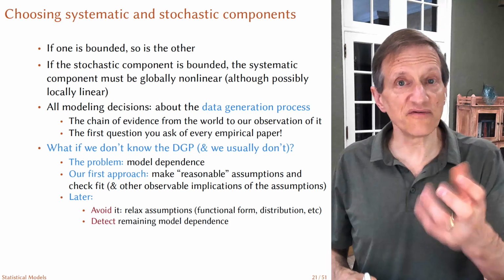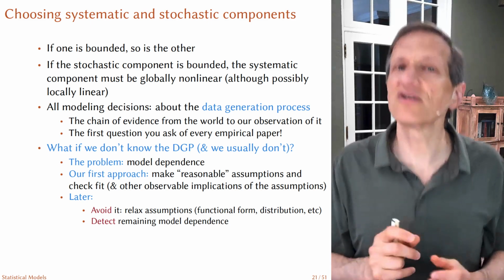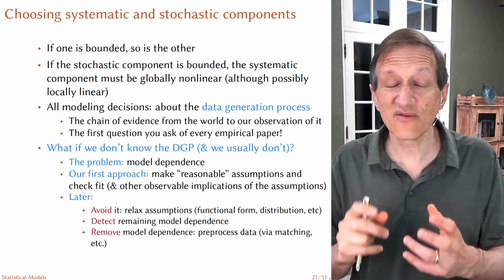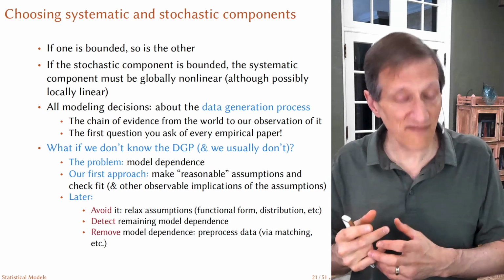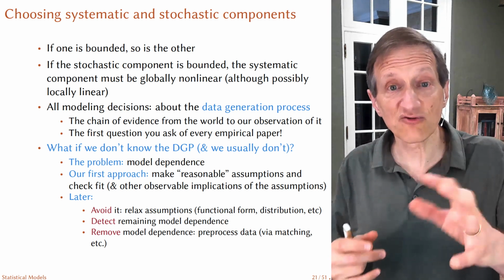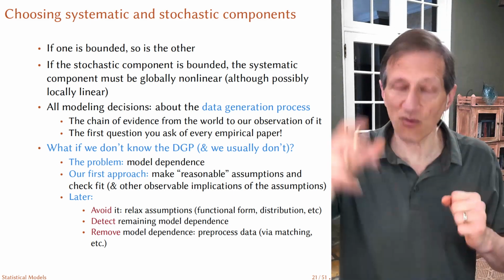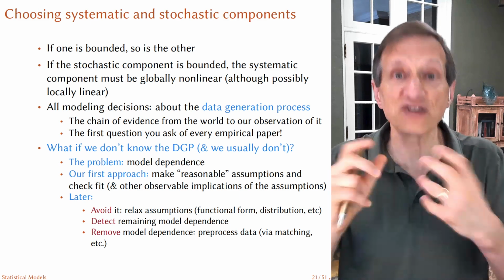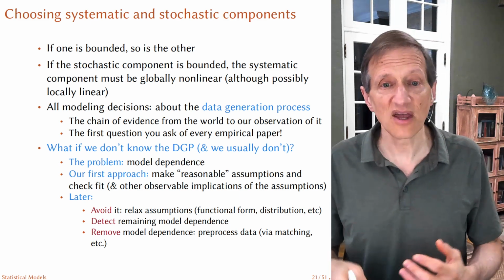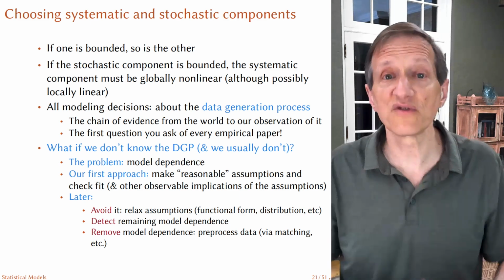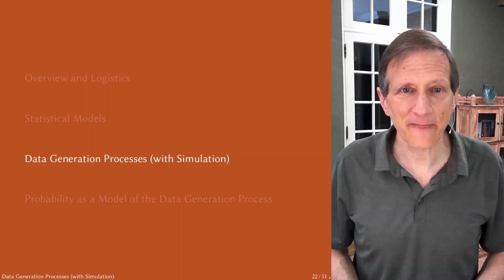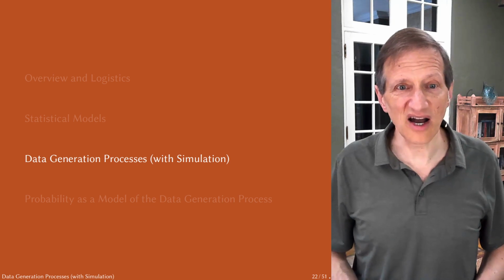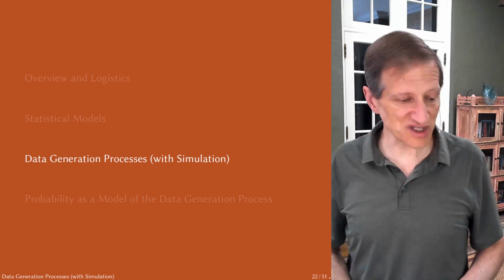We're going to develop methods to detect model dependence, to find it in data that we have, and then we're going to be able to have methods that will actually remove some of the model dependence so that we can analyze the data without that problem. And you may have heard of matching for causal inference. That's one example of a method to remove some model dependence from data. Okay. All right. So we are up to data generation processes with simulation.